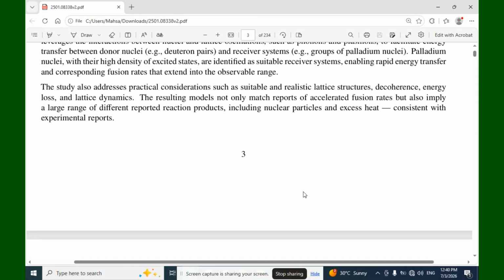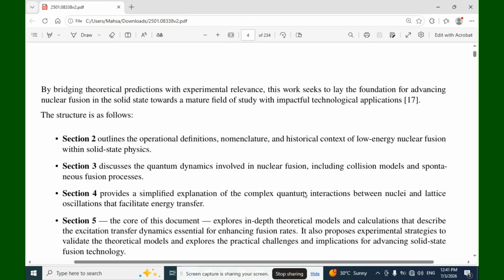The study also addresses practical considerations such as suitable and realistic lattice structures, decoherence, energy loss, and lattice dynamics. The resulting models not only match reports of accelerated fusion rates but also imply a large range of different reported reaction products, including nuclear particles and excess heat consistent with experimental reports.